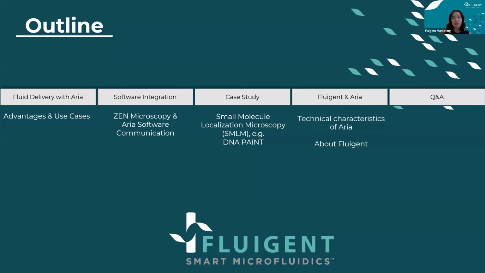After that, Philipp will walk you through the ZEN software, how it communicates with Aria, and its different range of functionality that can be applied, for instance, in small molecule localization microscopy, also known as the DNA-PAINT case study. And we'll finally wrap up with a short summary and an open floor for a Q&A session to address all the questions that you might have during the webinar.